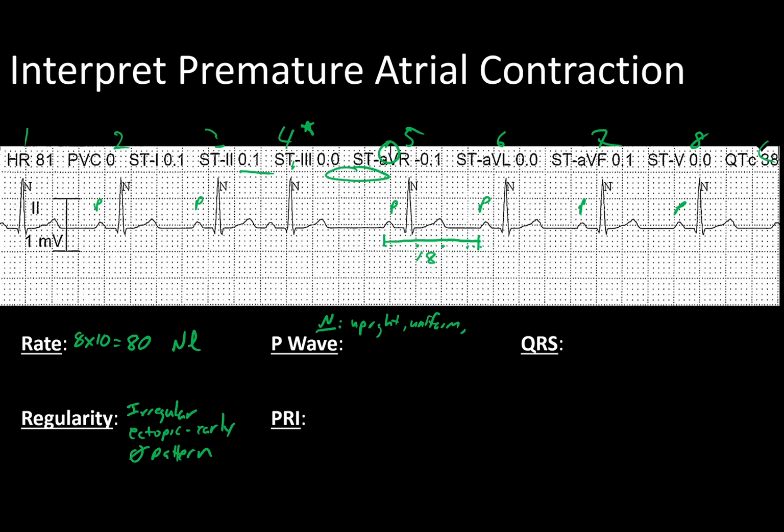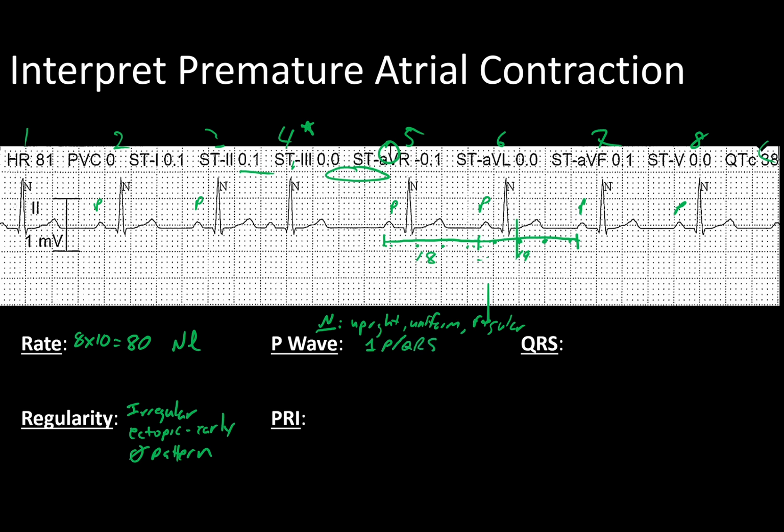About 18 beats between them. If I do the next one, 5, 10, 15, 16, 17, 18, 19-ish. So just about even, not quite perfect. So they're fairly regular. I've got 1 P for every QRS.